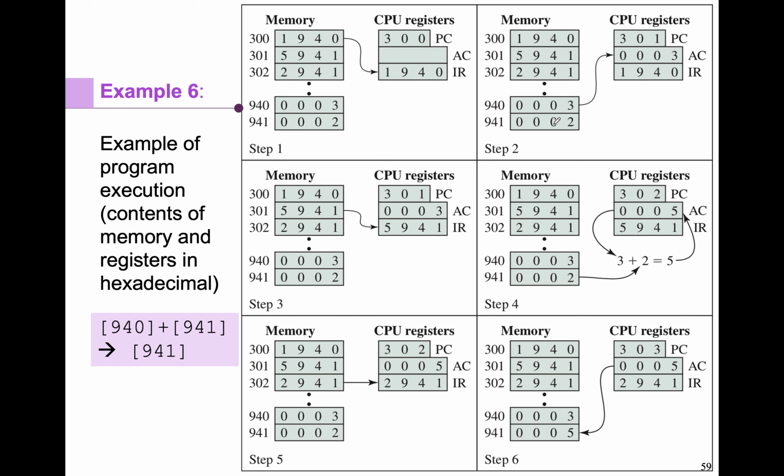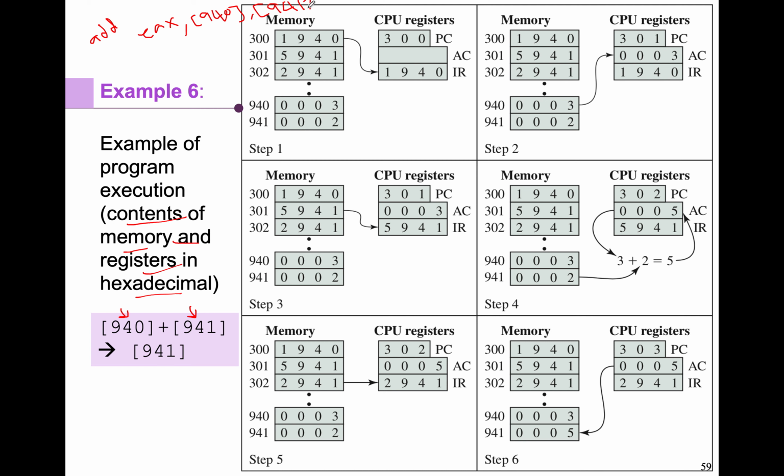So here you're going to see what happens in your execute cycle. This is the example. Content of memory and registers in hexadecimal. You were given the address. Instruction, you need to add. Let's say you have ADD AX, I'll just give you an example. 194 and then 941.